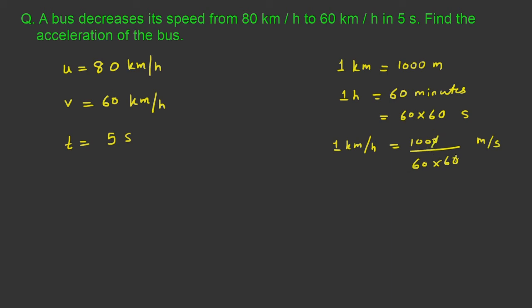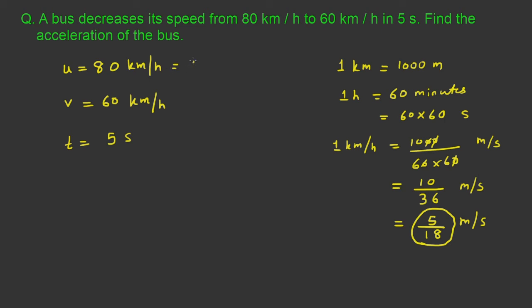If I cut it down, I will get 10 by 36 meter per second, or it will be equal to 5 by 18 meter per second. So to convert kilometer per hour to meter per second, I just have to multiply with 5 by 18.